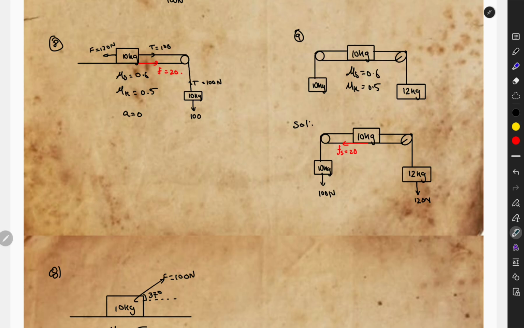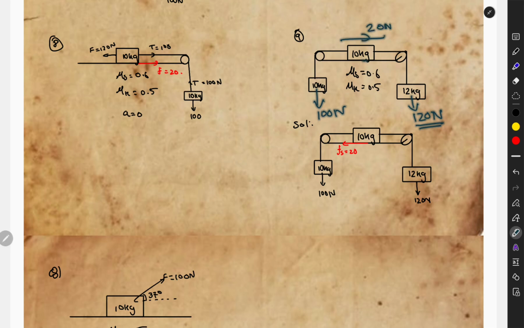Which comes out to be a condition of static friction, and 20 Newton will be applied in the opposite direction of the relative motion, and simply we can say that the magnitude of the static friction is going to be 20 Newton. Similarly here, 100 Newton force will be applied, here 120 Newton force will be applied. So simply here 20 Newton force will be applied.